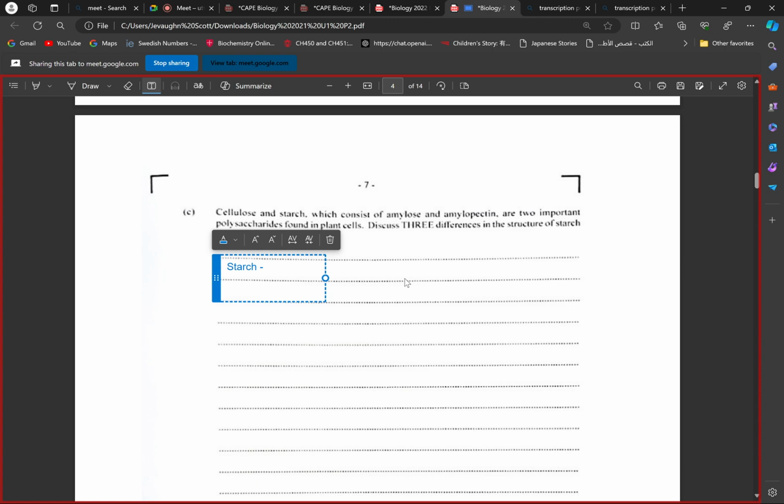So we're going to talk about the alpha 1,4 glycosidic bond. It contains alpha glucose, with alpha 1,4 glycosidic linkages.